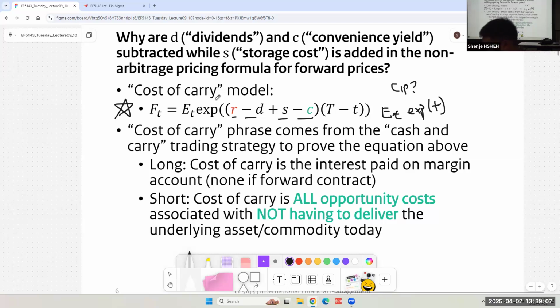Yes, it's somewhat like that, but it's not exactly the same. Because you pay the premium up front, here you pay the premium ex post, right? You don't know.